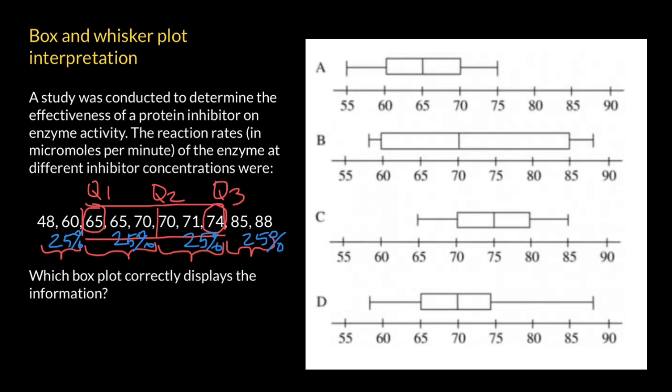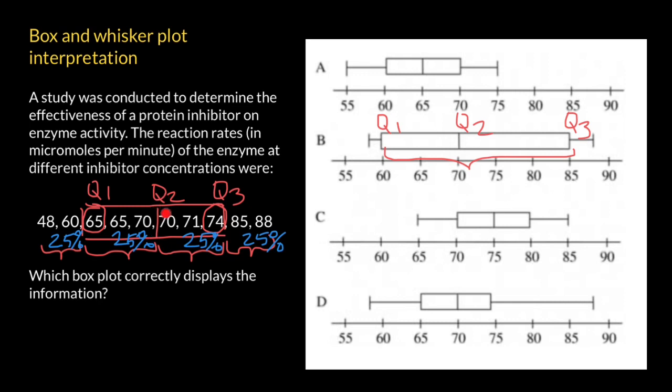So for example, here is going to be quartile 1, here is going to be quartile 2, here is going to be quartile 3. And this box represents 50% of the data set. We also call it the interquartile box. And the vertical line here in the middle represents quartile 2 and also represents the median.